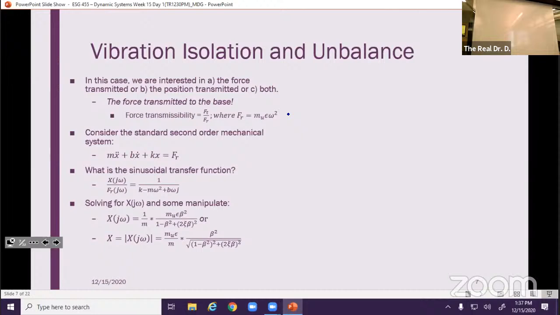So essentially, having an unbalanced system increases the amount of transmissibility. That's the important thing to see here.